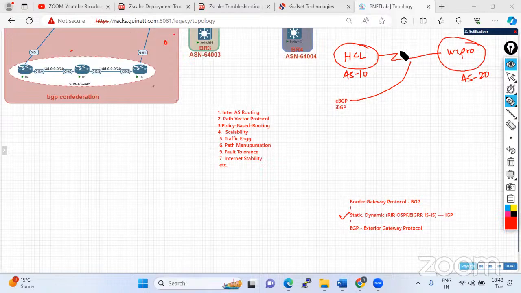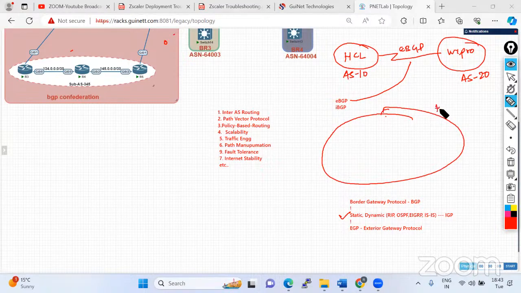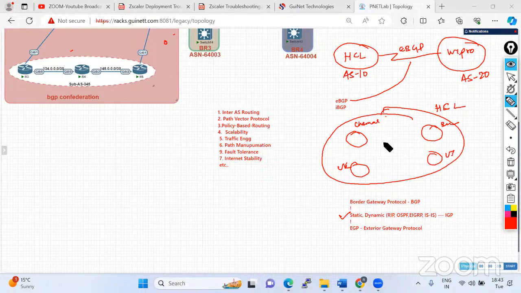So we are building the communication between two different entities, that is eBGP. But let's say this is your one organization, SCL, and this SCL has multiple routers within the company. Might be one in Chennai, one in Bangalore, one in the UK, one in the US, but they are the same organization.